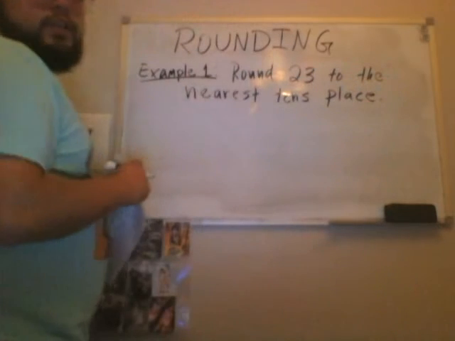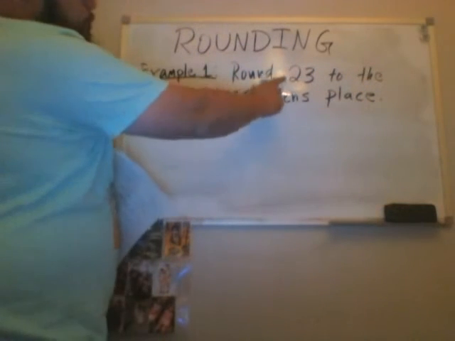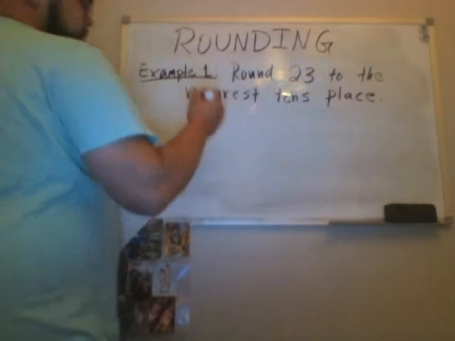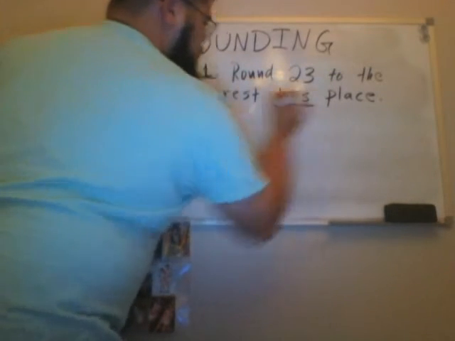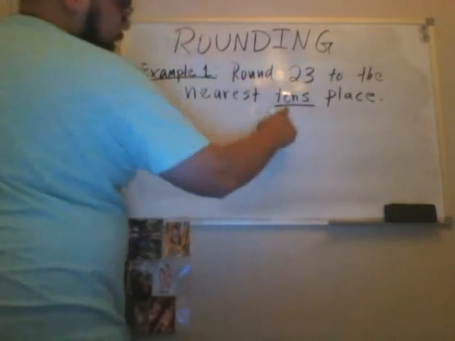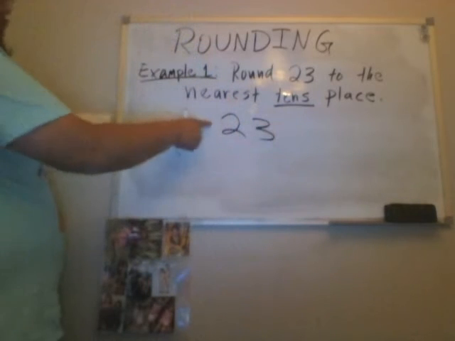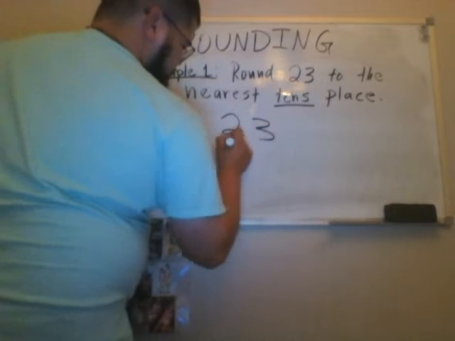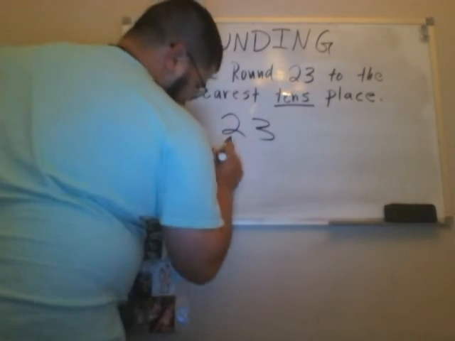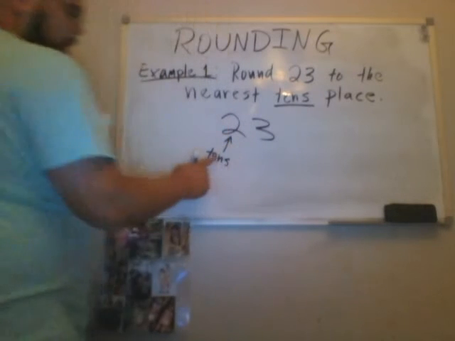Okay, round the number 23 to the nearest tens place. So, first thing is, we identify what place value we're rounding to, the tens place. Now, I draw my number very big here, 23. Now, 2 is in the tens place. That's what we identify as step number 1.